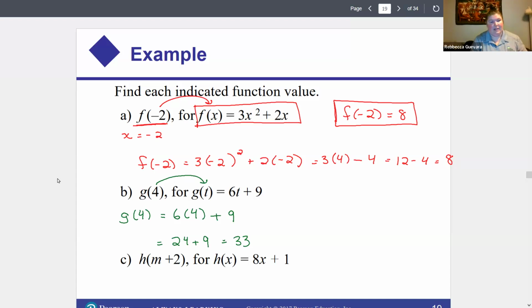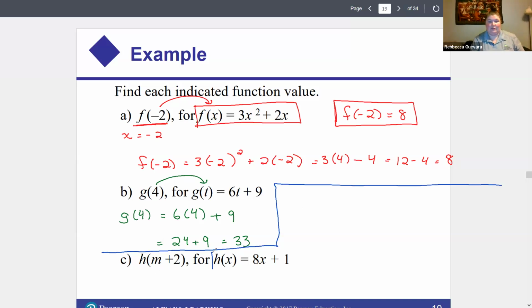Okay, and then our last one here. This is a little different. I'm not replacing with a number. Sometimes you can replace with a different variable, or sometimes you can replace your x or your variable with another expression. So we are going to use this empty space over here.